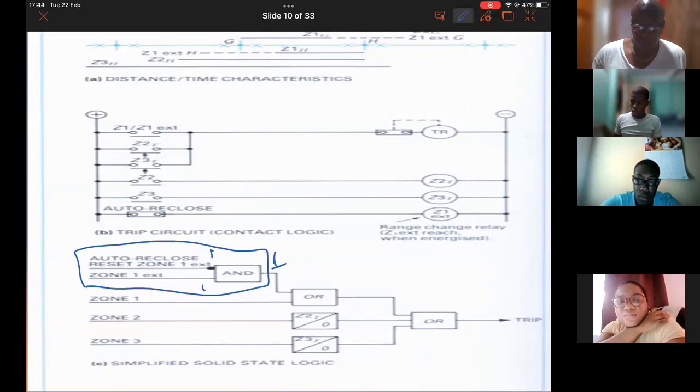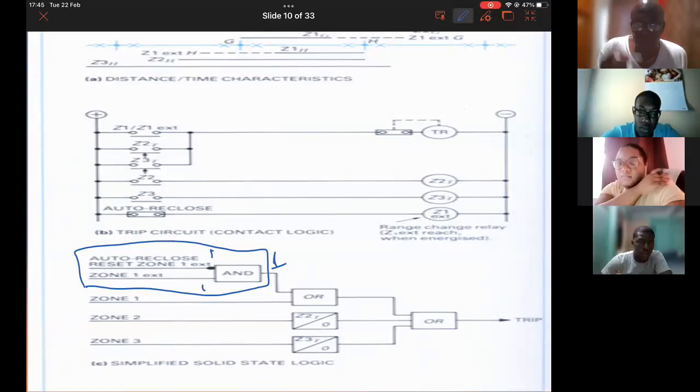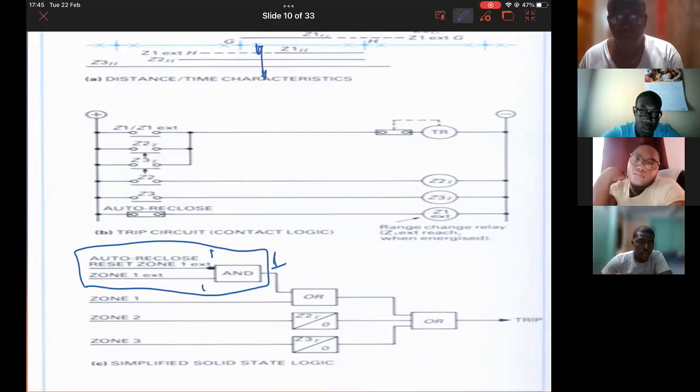At the top, if you have a fault in the end zone, it would now be part of the Zone 1 extension. So if I have a fault here, it is within the Zone 1 extension from H. So I would have gotten a 1 here.